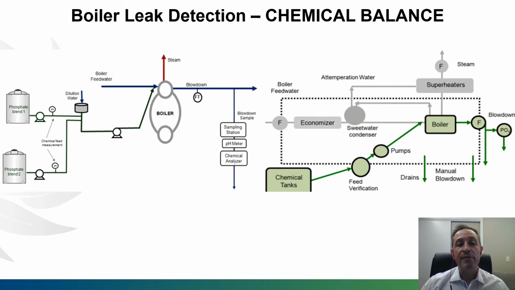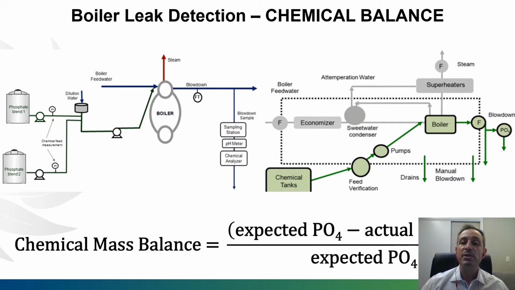So if we are applying phosphate, and this is the reason we talked about the phosphate internal chemical program, it doesn't matter if it's 1, 2, 3 different products based on phosphate, but if we can measure the amount of phosphate being dosed directly to the boiler drum or to the feed water, and if you have a possibility to analyze continuously the amount of residual phosphate in the boiler blowdown, we have X grams per hour or pounds per hour of phosphate being dosed, and Y grams per cubic meter or ppm or whatever in the boiler blowdown, and we can compare the theoretical amount of phosphate that should be in the system and the actual one.